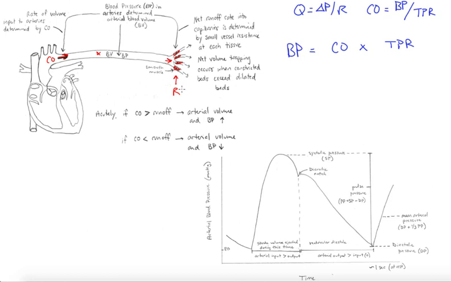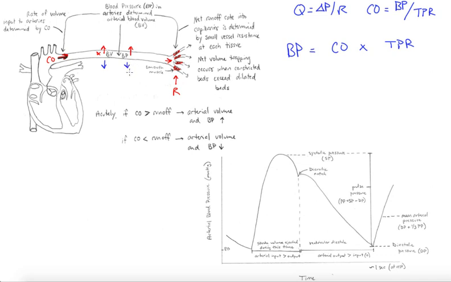At a given instant, if cardiac output is higher than the runoff rate, in other words, we're putting blood into the circuit faster than we're letting it out, then volume would rise and blood pressure would rise. Conversely, if runoff were greater at a given instant and input were lower, then of course blood volume would fall, we're letting it out faster than we're putting it in, and then blood pressure would fall.